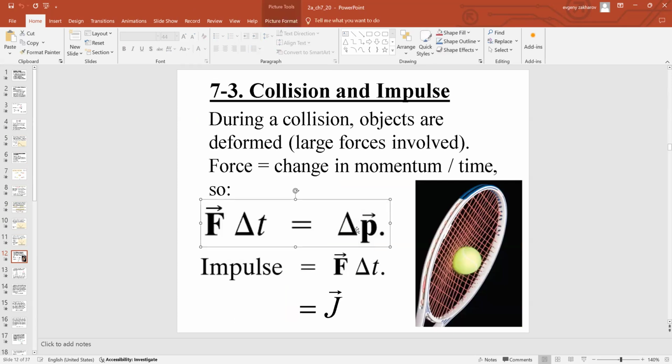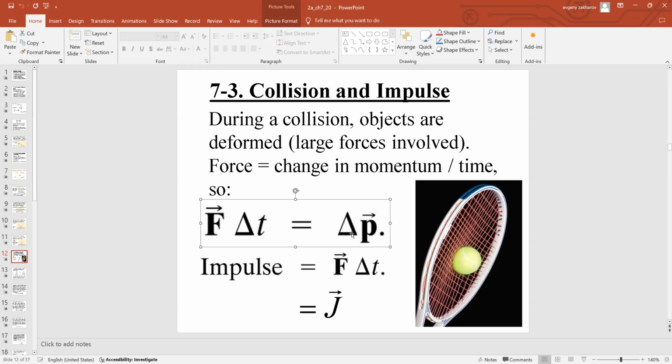The impulse, which is the change in momentum, literally, is the product between the net external force and the moment of time that this force acts on the object. You can think about a ball that hits the tennis racket. And what's the impulse for the ball?